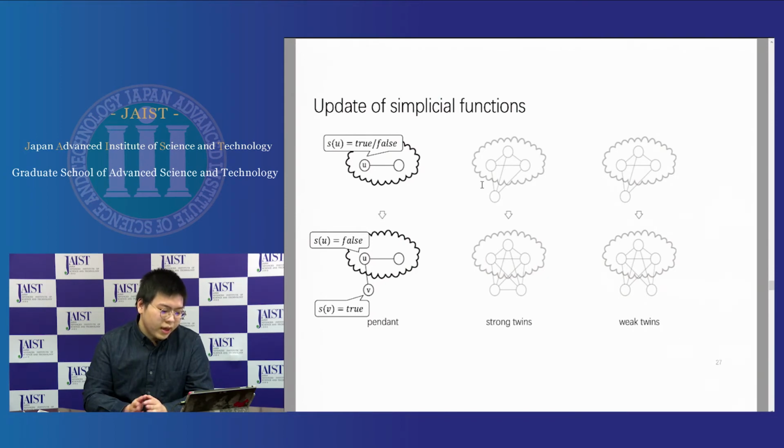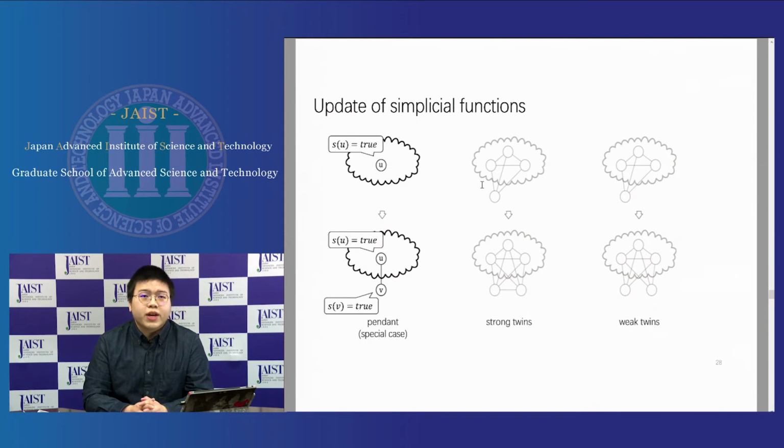Of course, the new pendant should be true, since it has only one neighbor. But the pendant has a special case. When we generate a new pendant on K1, we get K2. Now both K1 and K2 are simplicial, since both vertices have only one neighbor.